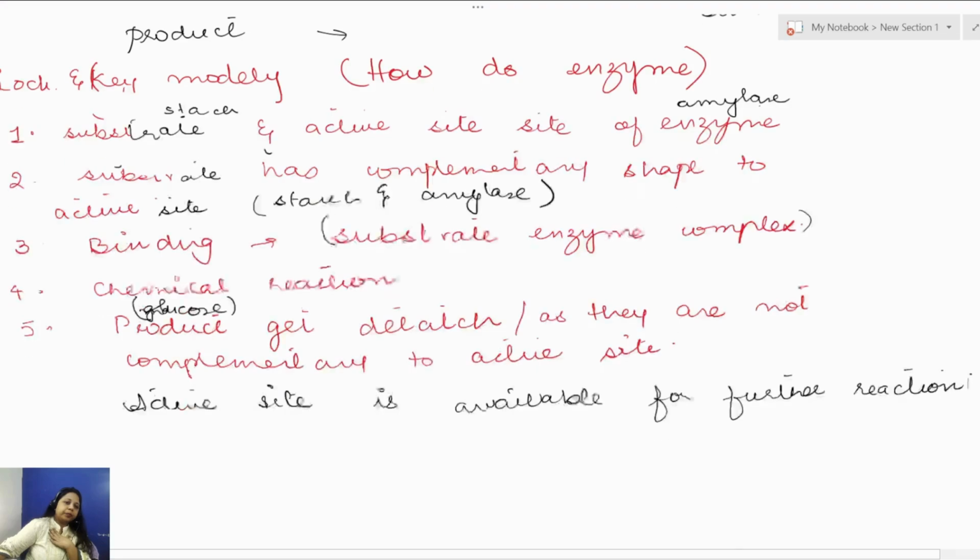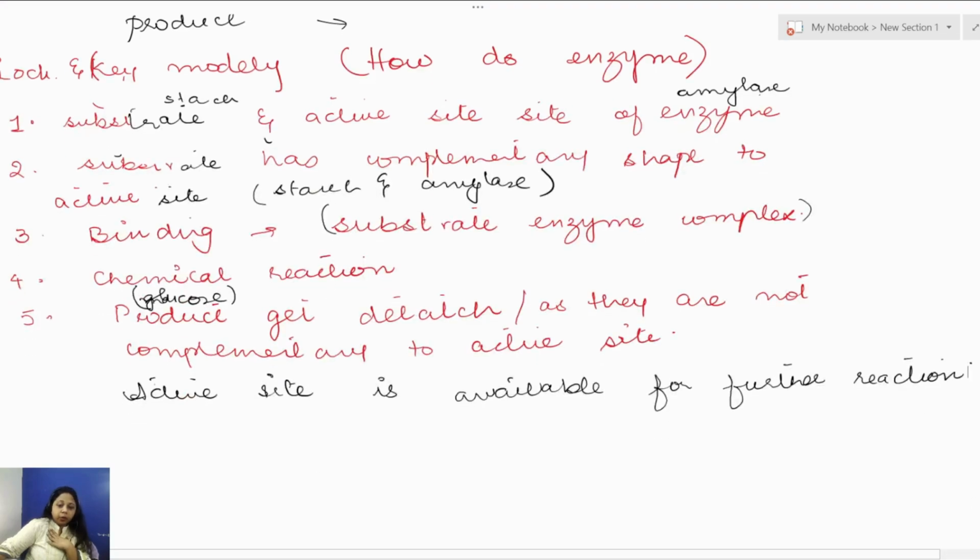Now there are two important factors which affect enzyme activity. First factor is pH, and the second factor is temperature. There are two questions related to it. I'm going to give the answer for both.